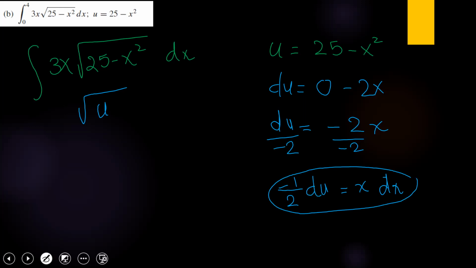Yes, by negative 2 on both sides. So negative half du equals x dx. So now, where is x dx? We have x here and dx here. But this 3, keep it. Don't eliminate it. Then instead of writing x dx, I want you to write negative half du.